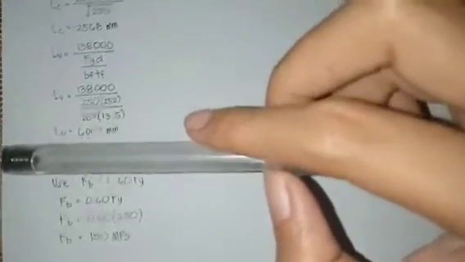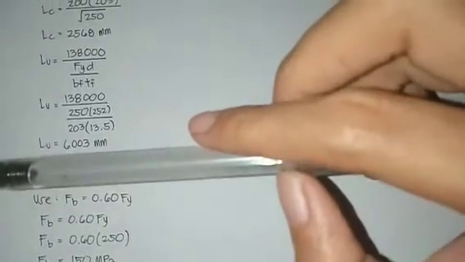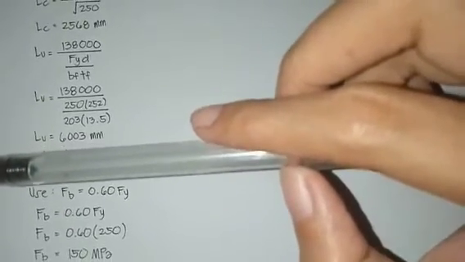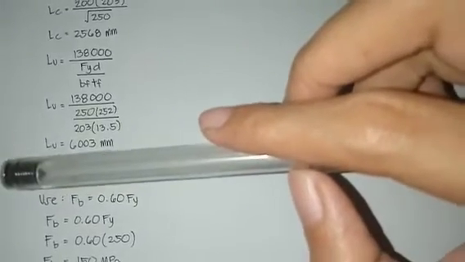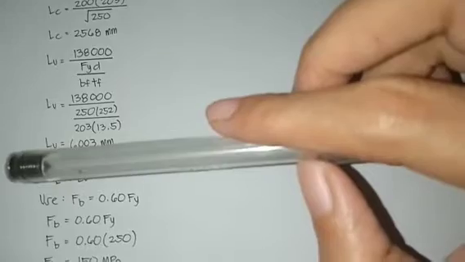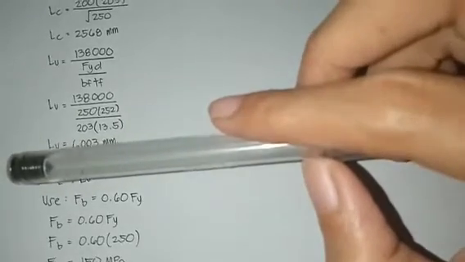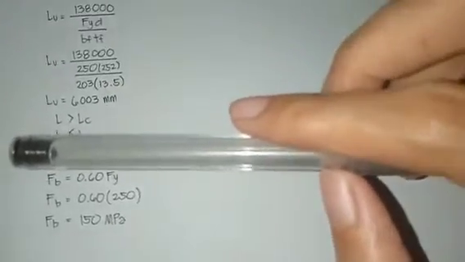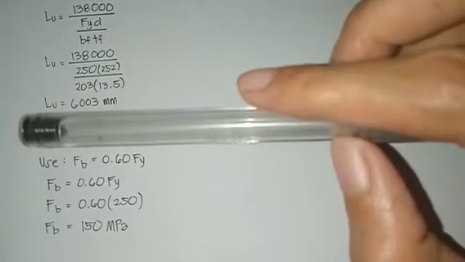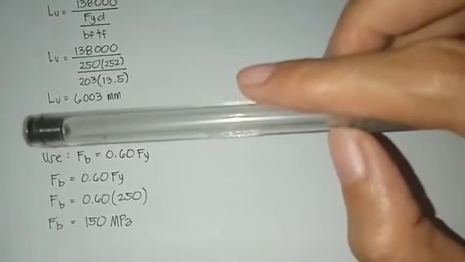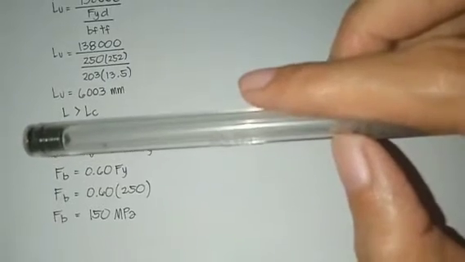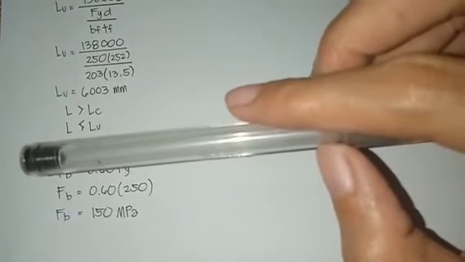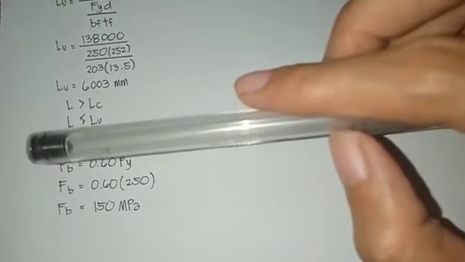So i-substitute na ito tanan. Ang Bf og Tf naa gihapon sa properties of W12 by 58. So 138,000 over 250 times 252 over 203 times 13.5, which is 6,003 millimeters. So L is greater than Lc but lesser than Lu.